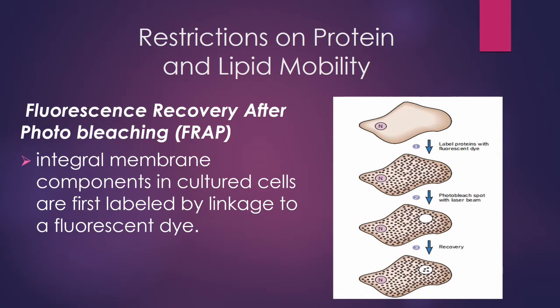Once labeled, cells are placed under the microscope and irradiated by a sharply focused laser beam that bleaches the fluorescent molecules in its path. If the labeled proteins in the membrane are mobile, then the random movements of these molecules should produce a gradual reappearance of fluorescence in the irradiated circle.